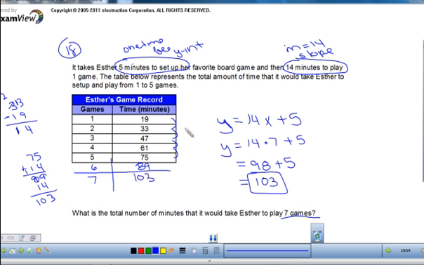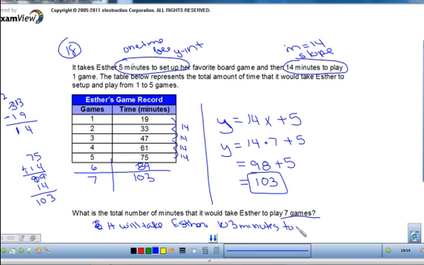So different ways to do it. Just verifying that the game time is going up by 14 or by writing an equation. So remember to write your sentence. Okay, so it would take Esther 103 minutes to play 7 games.